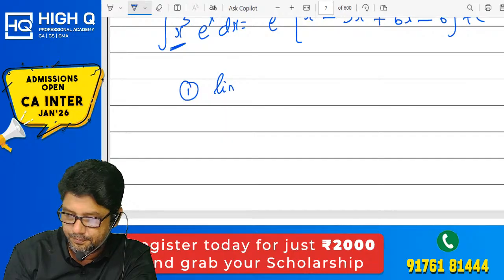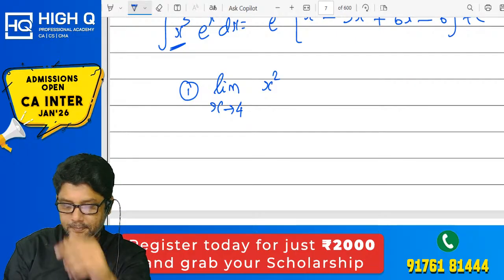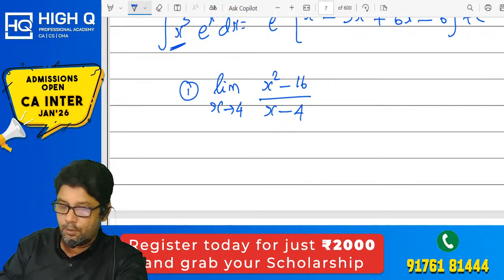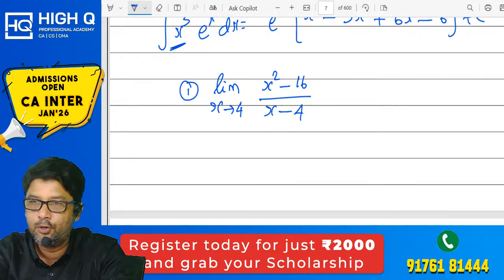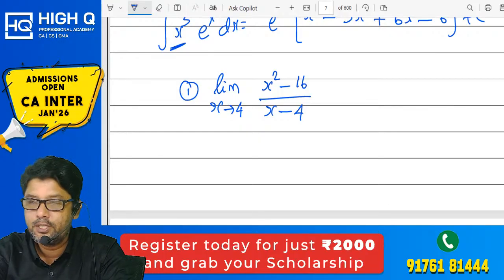First, limit x tends to 4, (x square minus 16) divided by (x minus 4). Now we have to substitute x is equal to 4, but here there is a problem. Direct substitution is not possible.